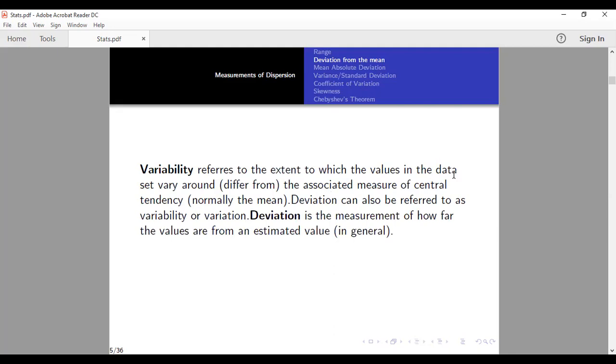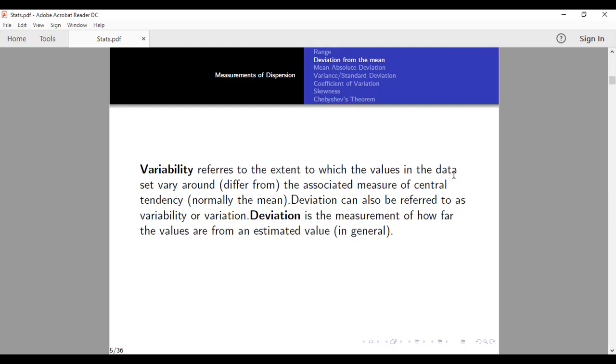Now, deviation, in particular, is the measurement of how far the values are from the estimated value in general. When you talk about deviation, we want a single measurement that tells us on a general scale how far apart or close the values are from the mean.